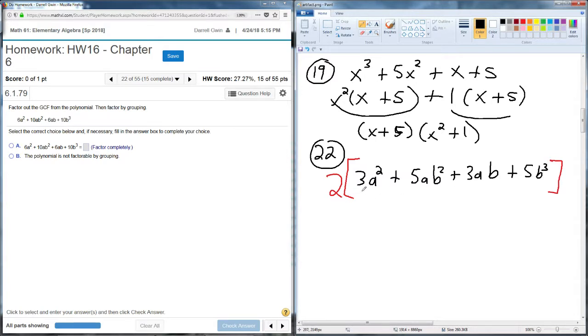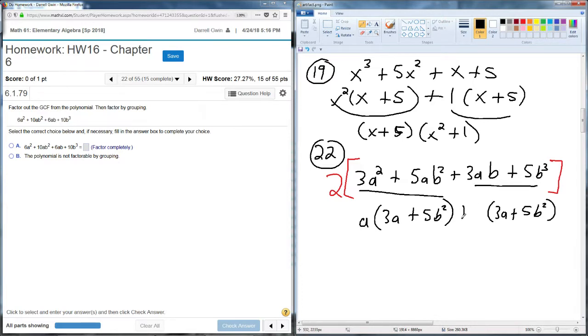Alright, so I'm looking at these two. They both have an a, so I'm going to GCF the a out. The leftover is 3a plus 5b squared. Copy that over here, 3a plus 5b squared. Then I ask myself, what's the GCF of the right two terms? They both have a b, so it's clearly b times a plus b.